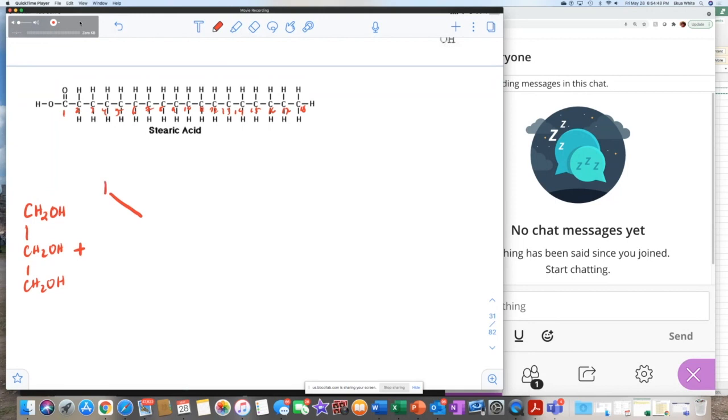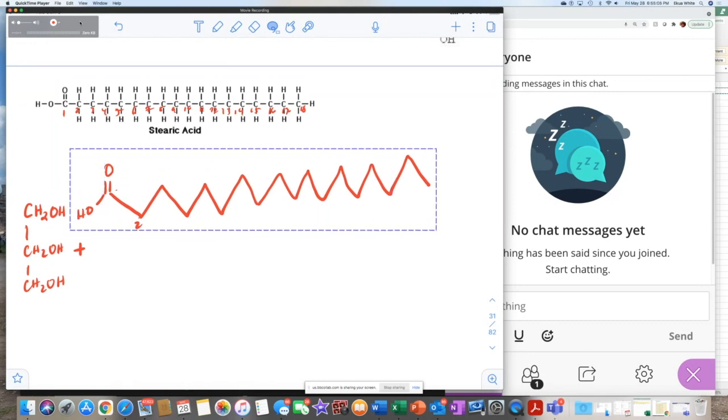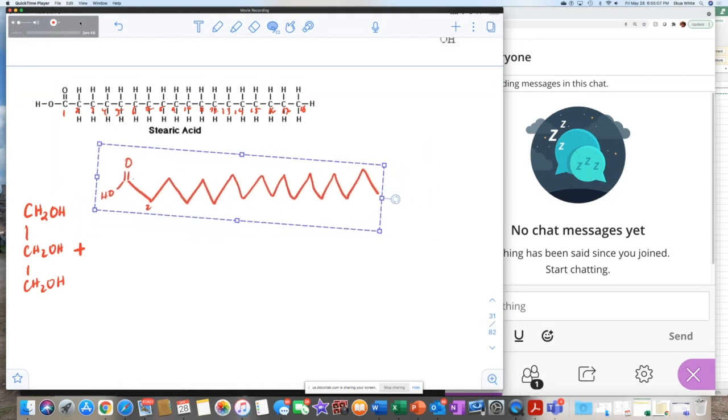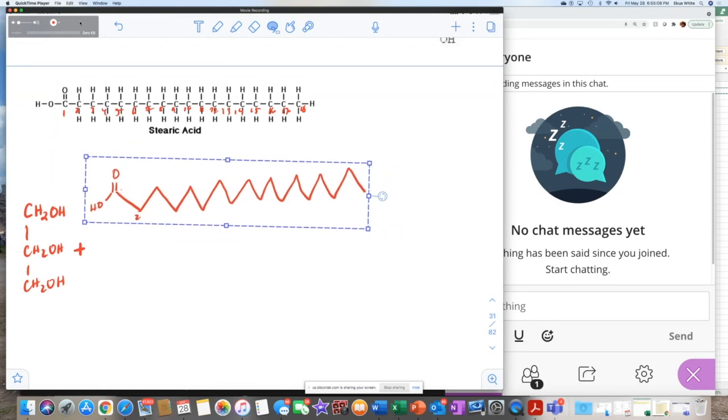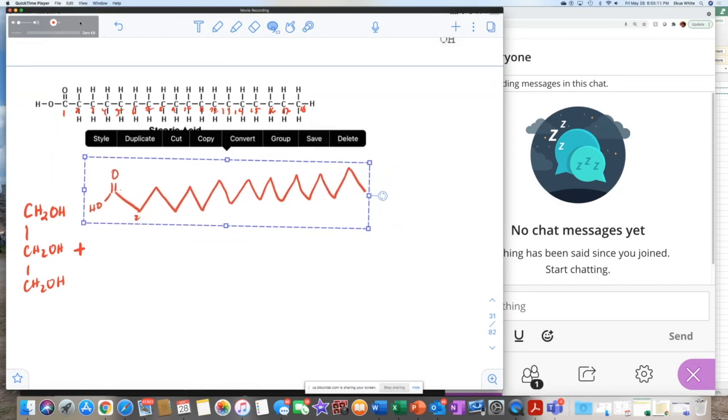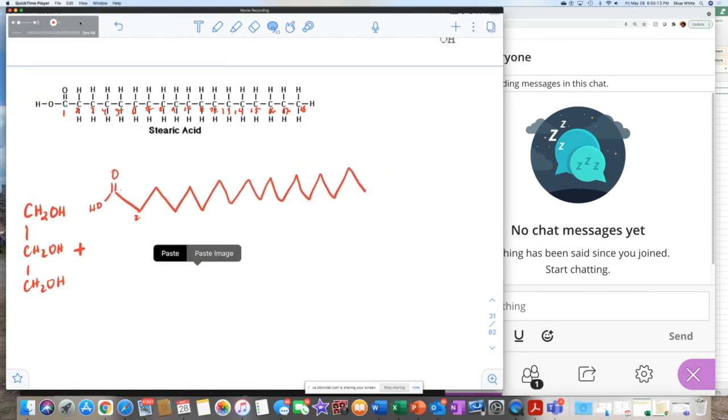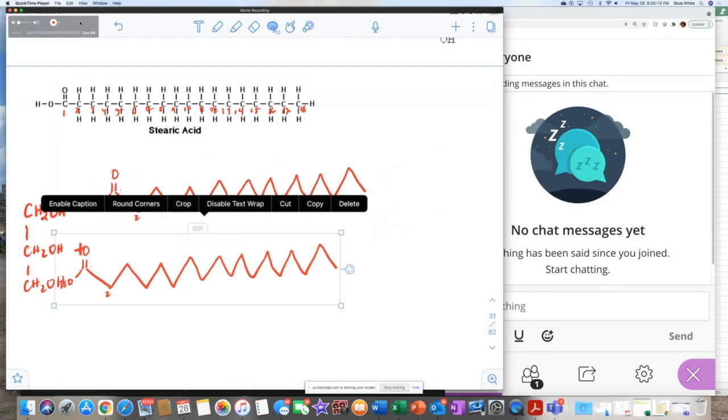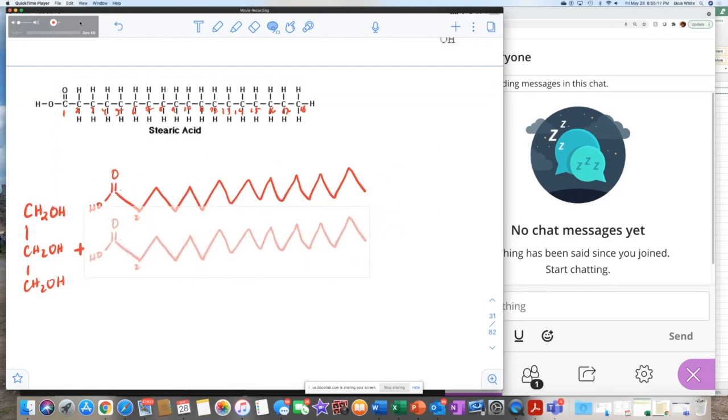Like this. 1, 2, 3, 4, 5, 6, 7, 8, 9, 10, 11, 12, 13, 14, 15, 16, 17, 18. Okay. So I'm gonna do this. Let me shrink this a little bit. And then copy it and then paste this in my effort to be innovative. Here.